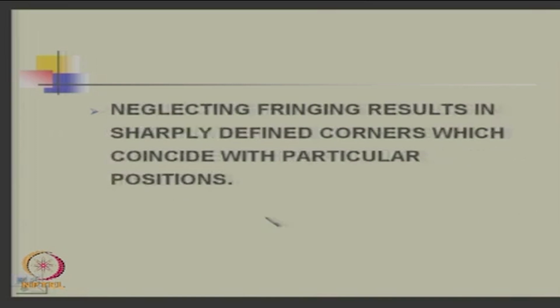If you neglect fringing, it results in sharply defined corners which coincide with particular positions. You can assume that the flux is going like in a tube, not straying out from the tube. The flux flows nicely in the stator core and then enters the rotor core in a more or less straight path without fringing.